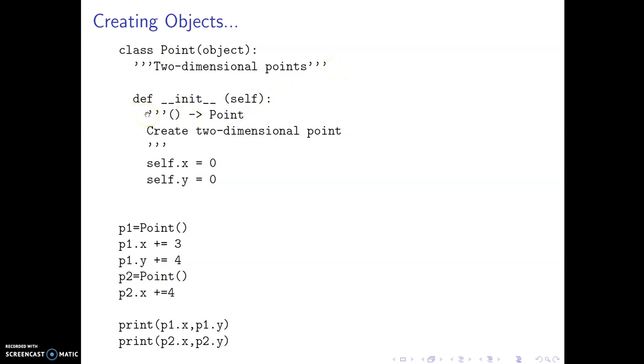Within that, we're going to define this function where we just say, remember, this is a constructor function. So what it's going to do is it's going to point to or create this two-dimensional point for anything that it's run through.